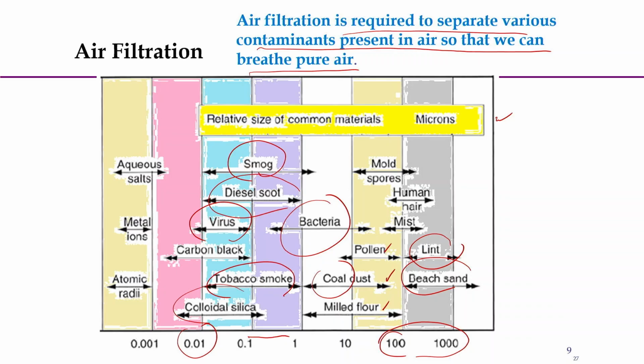In general, textile filter media can be used to arrest particles from 0.01 micron and above. These are the particles which float in the air.